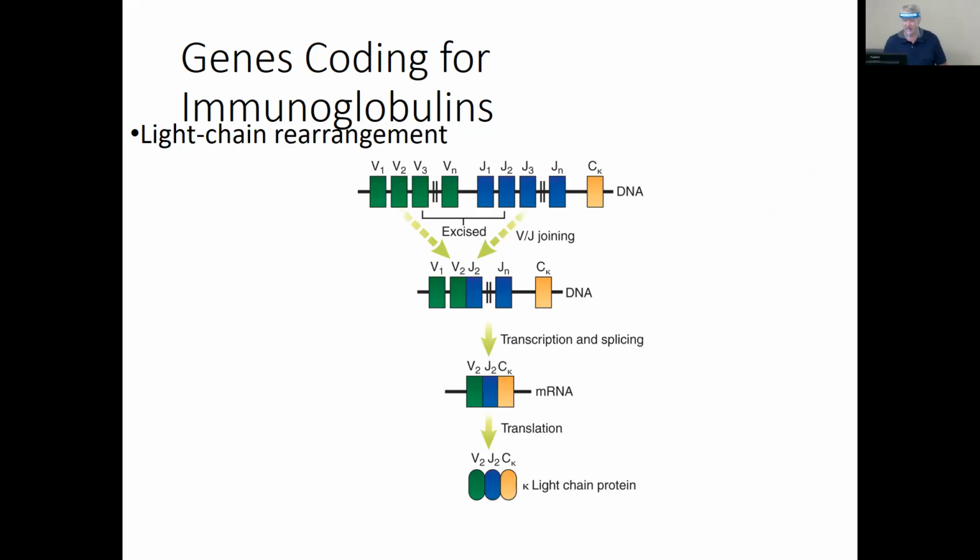This would be the light chain, because who's missing? D. D's not here. So in the VDJ, we've lost D for the light chain rearrangement. We only have V and J. We still have the constant region. They're still rearranging, okay? And we come down here to the light chain protein, which is VJC.